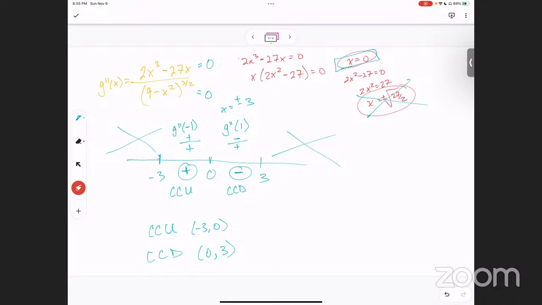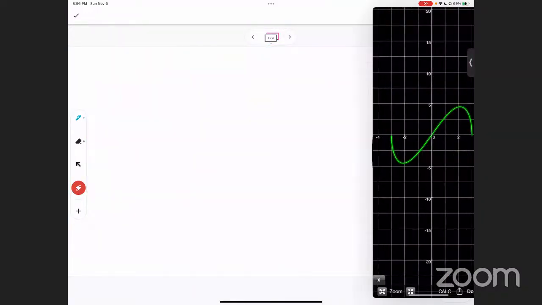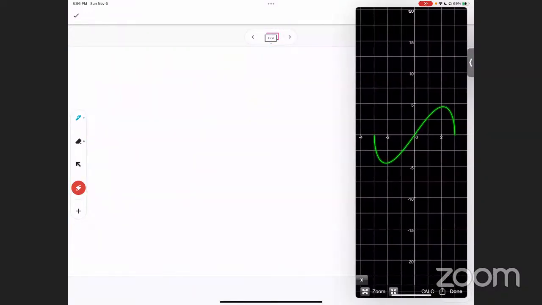Got it. But to be honest, just like you were discussing earlier, the range of g of x would be brackets, correct? Yes, but that's not what this question was. But if we were talking range, you'd have to find out what that value is, right?